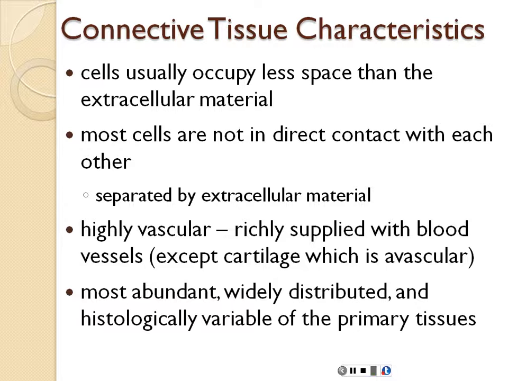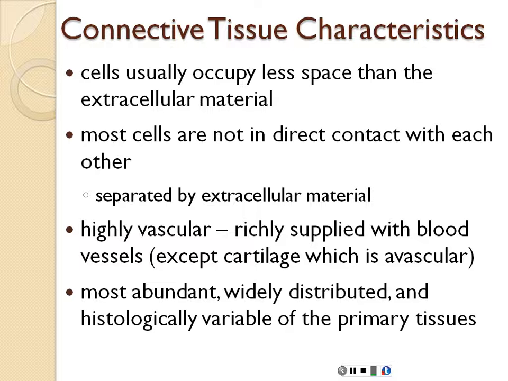Connective tissue. So now we're on to the second type of tissue. So how many epithelial types of tissue did we talk about? We had simple squamous, simple. How many simples? Simple squamous, simple cuboidal, and simple columnar. And how many stratified? Well, there's one pseudostratified.